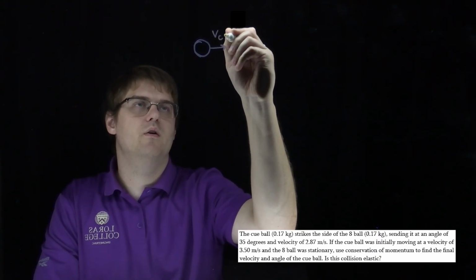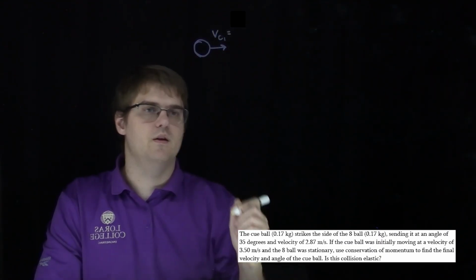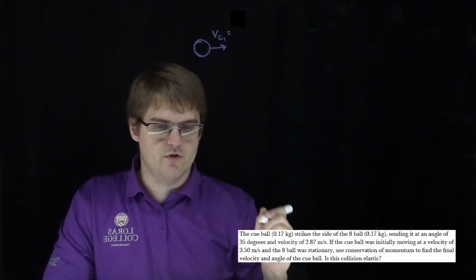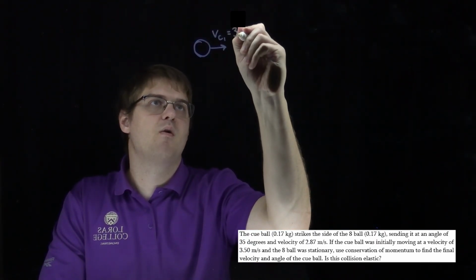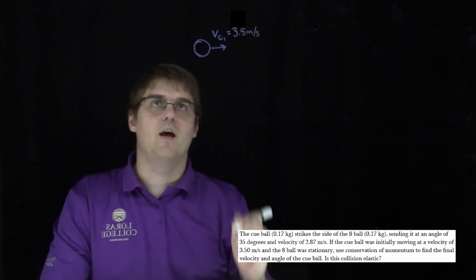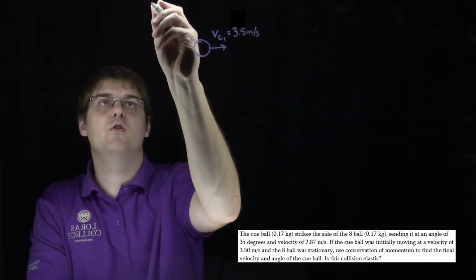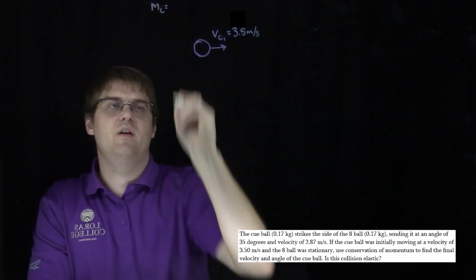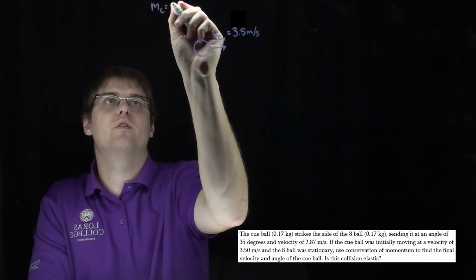The initial velocity of the cue ball is going to be a value of 3.5 meters per second. And the mass of the cue ball is 0.17 kilograms.